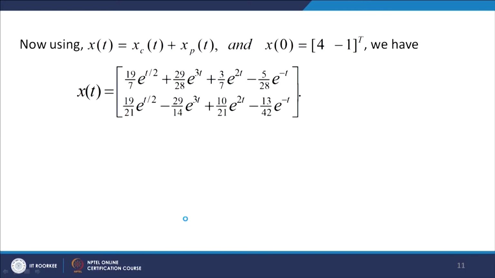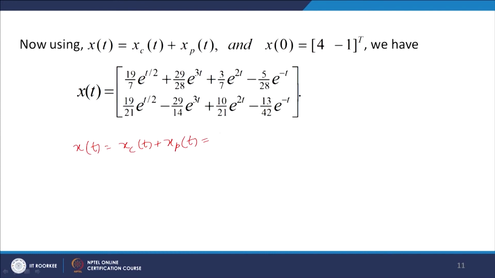And so, we can write a general solution X(t) equal to X_c(t) plus X_p(t). Now, let us see, X_c(t) is what?